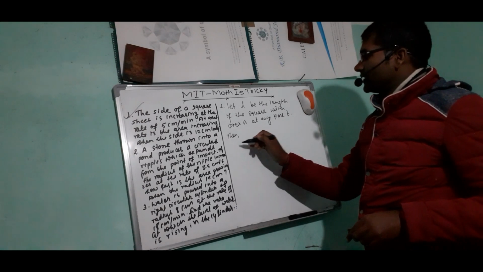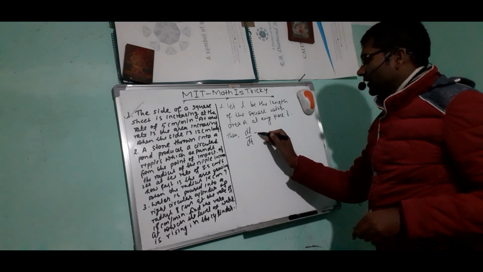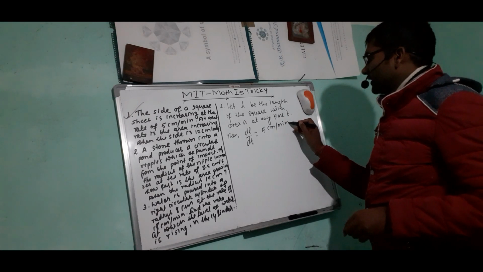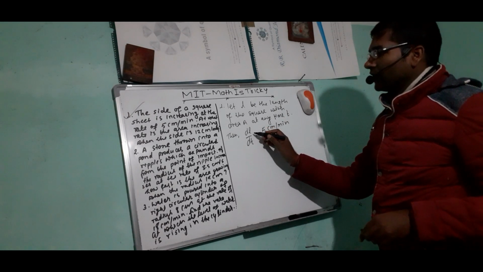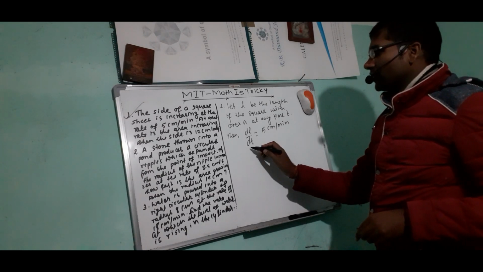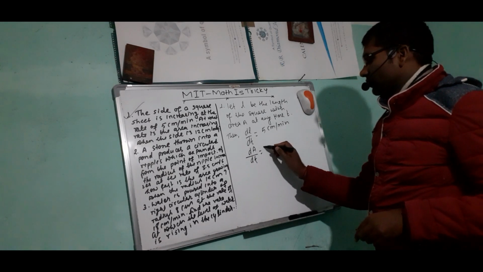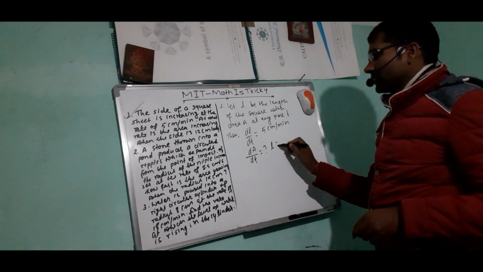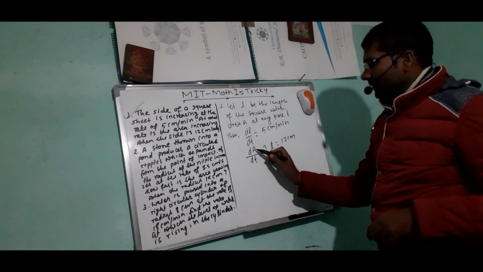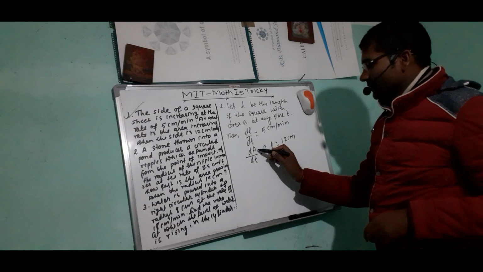Then we can write, given dl by dt equals 5 cm per minute, which is the change in length. We need to find dA by dt equals what, when L is 12 cm. As we have to find the change in area, that means at what rate the area is being changed.